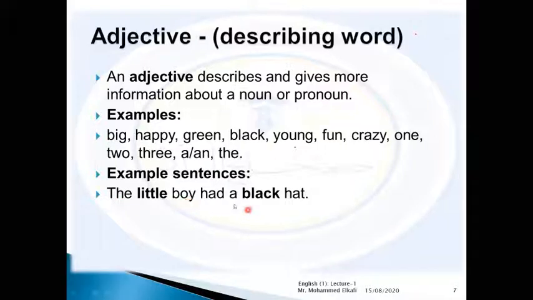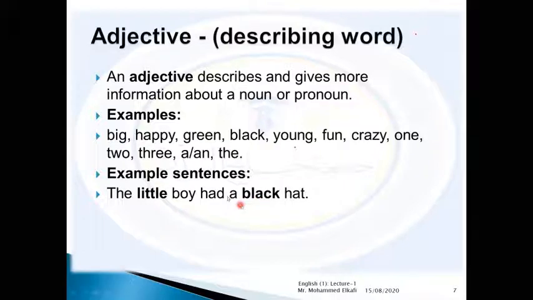And had a black hat. We think of black hat. Black is an adjective and hat is the noun. So black describes the hat. Which hat? We said the black one. So black is used before the noun in order to describe the noun, to describe the hat.